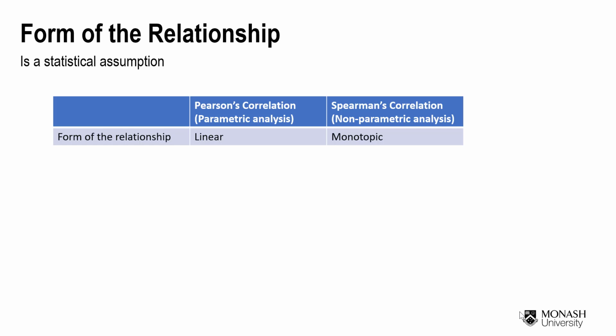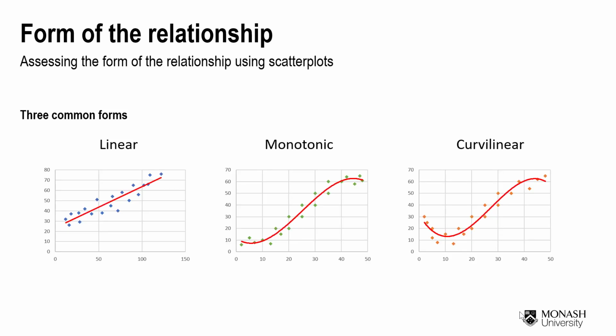In comparison, a Spearman's correlation can be performed when there is a monotonic relationship between the two variables. We can identify the form of the relationship by generating a scatterplot and inspecting the data points.